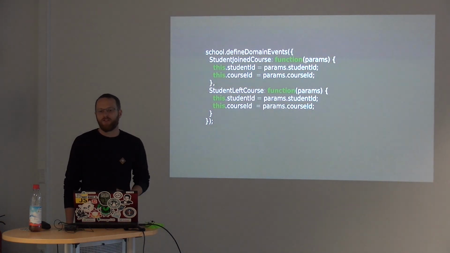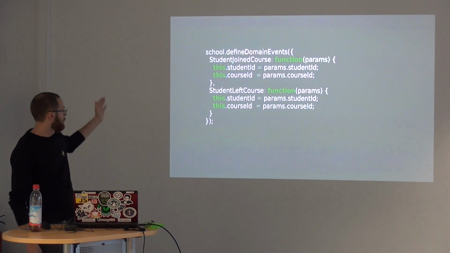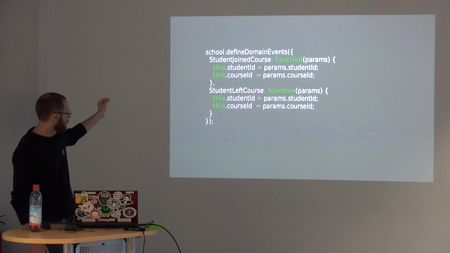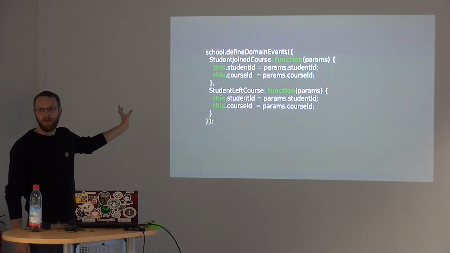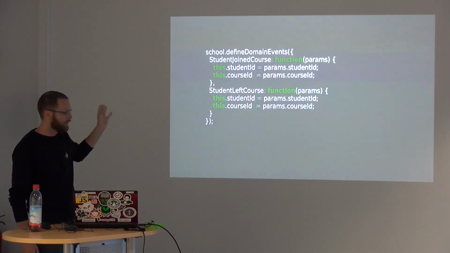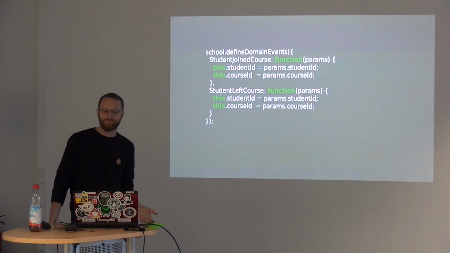After the event storming session, we get back to our code and define the domain events inside our school. So we have the school-defined domain events, student joined course and student left course, with student ID and course ID inside. Those are our two domain events that will describe the state later and describe what can happen in your domain.